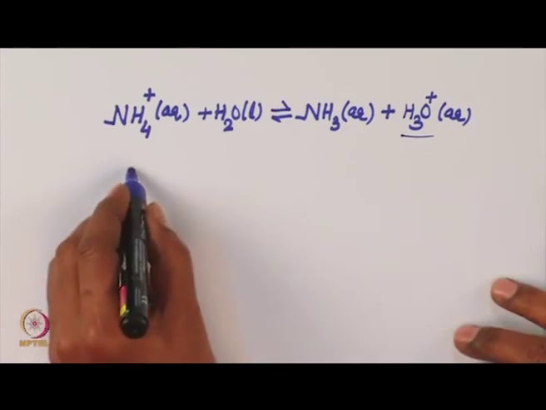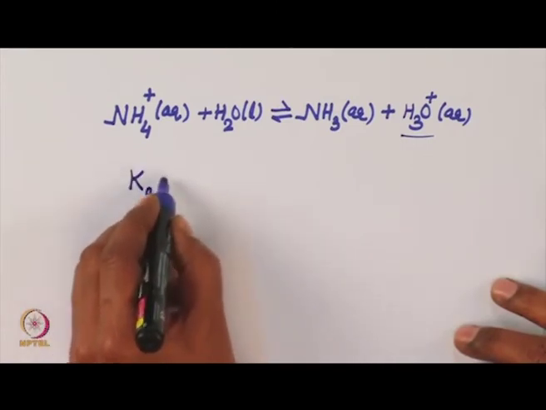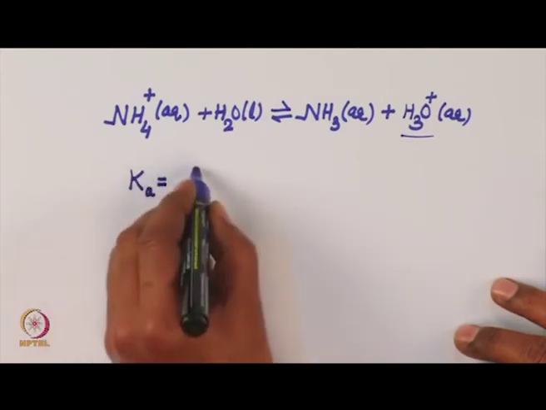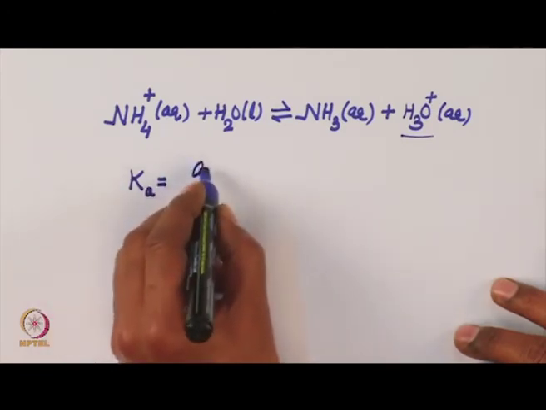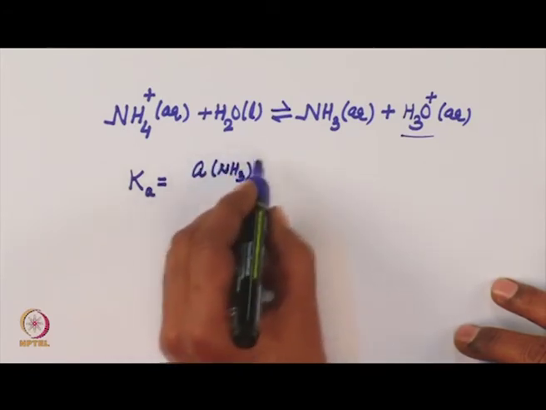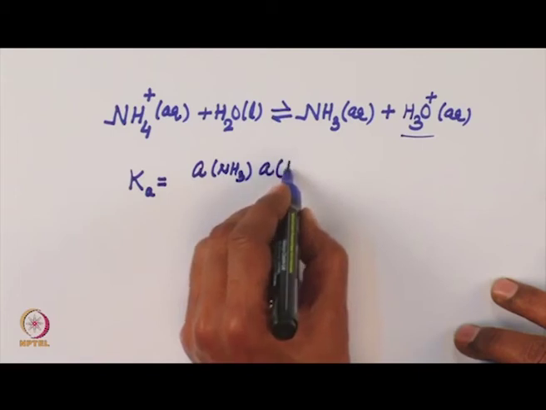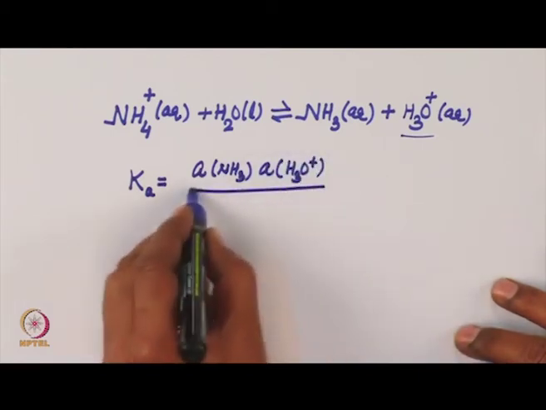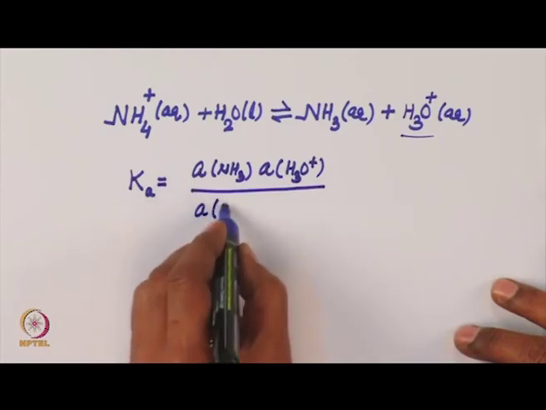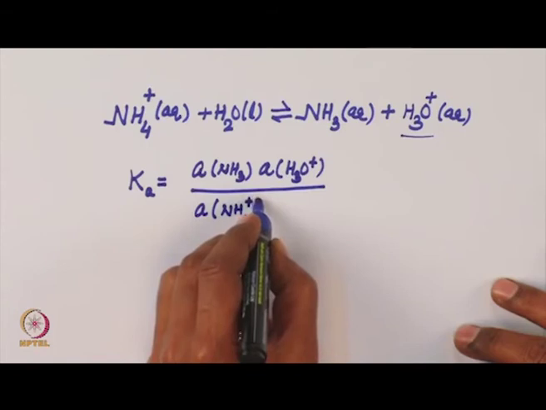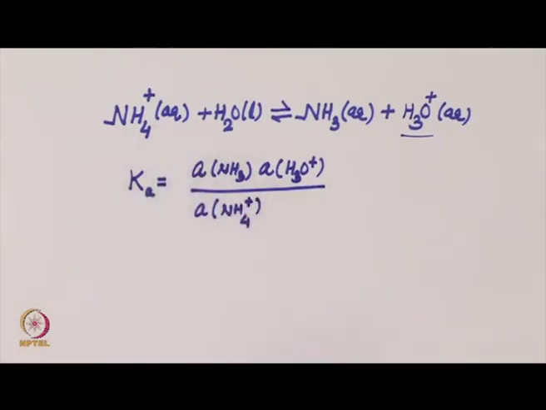So let us write down an expression for its Ka, which will be activity of ammonia, activity of H3O plus, activity of NH4 plus. Water we take as 1.